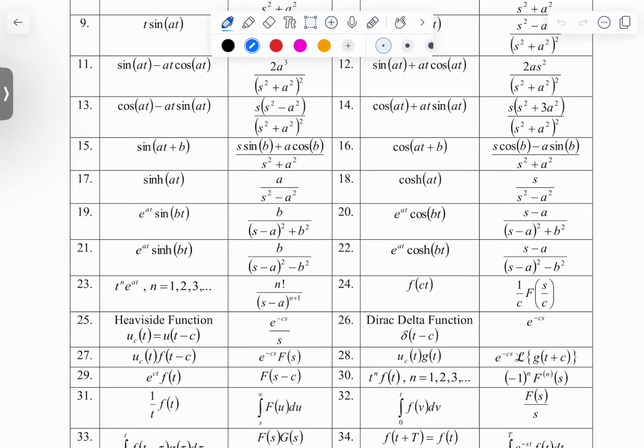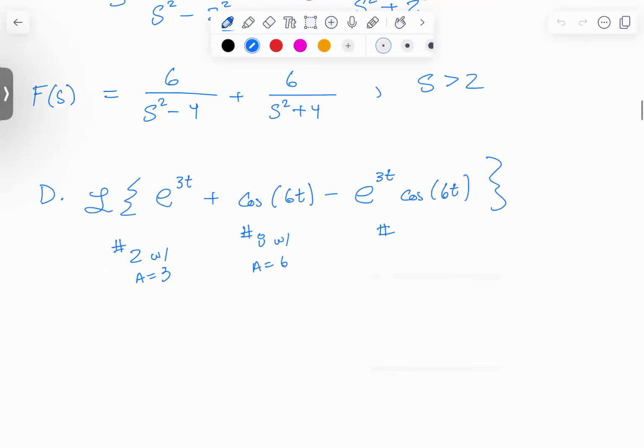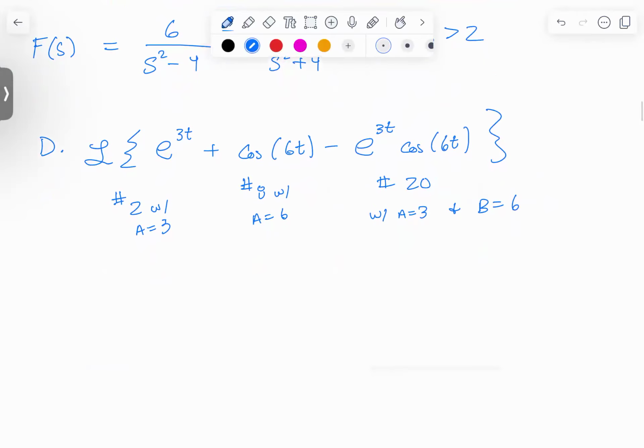So that one was e cosine, so number 20, where a is the exponent. So number 20 with a equals 3 and b equals 6. So 1 over s minus 3.